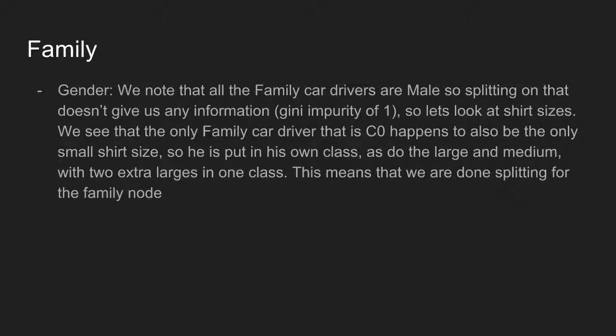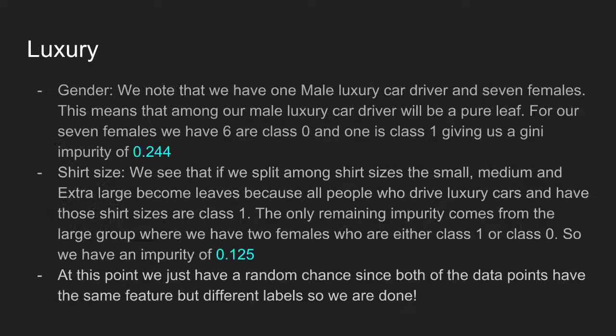So basically, medium, large. And as you noted, there's no point splitting on the car size anymore because we have all of them in the same set. So that means we're done splitting for that node.